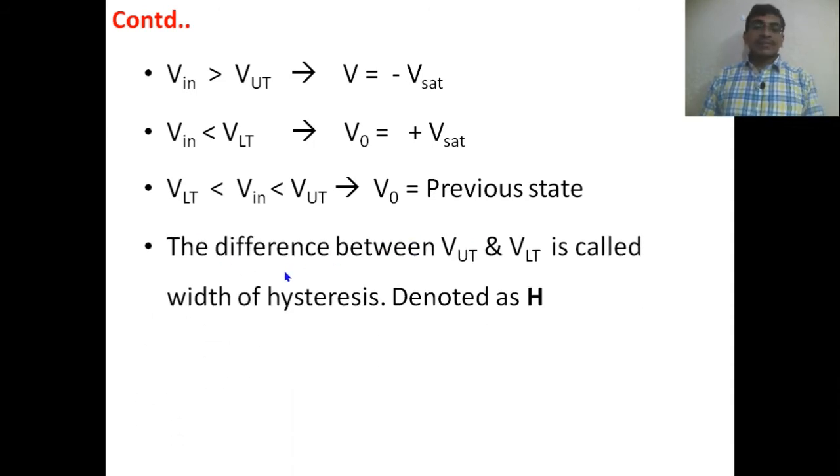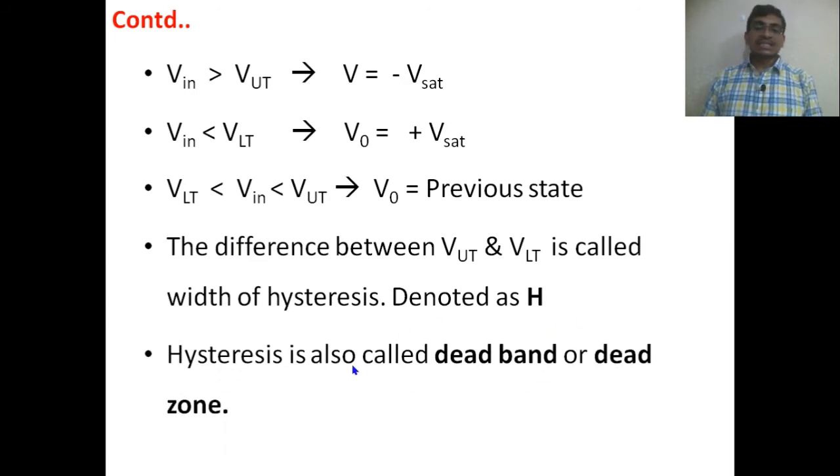The difference between VUT and VLT is called the width of the hysteresis. The width of the hysteresis is denoted by H. H means hysteresis. Hysteresis is also called the dead band or dead zone.